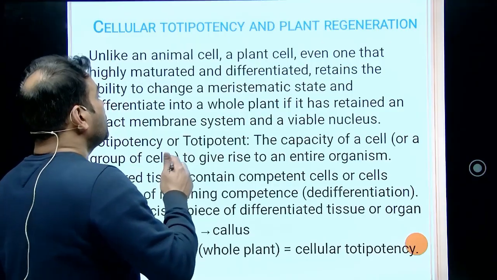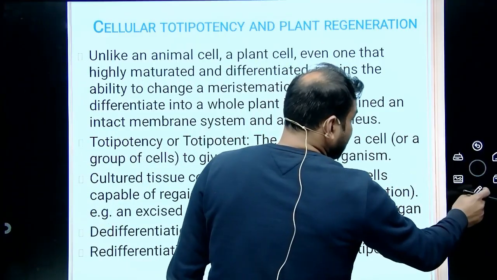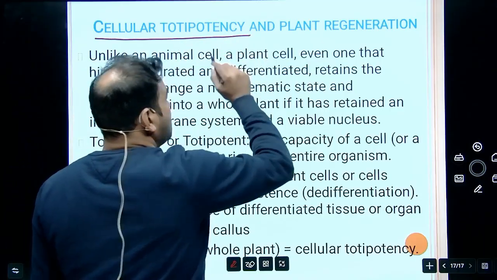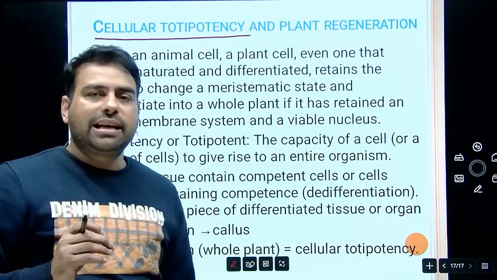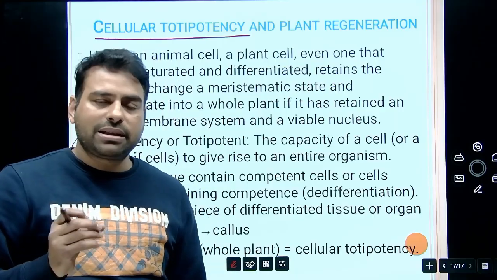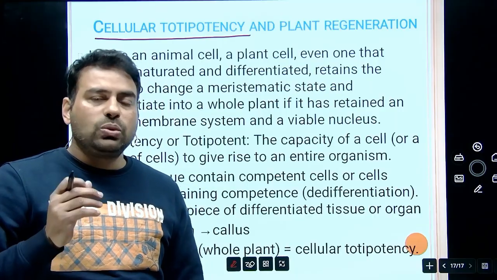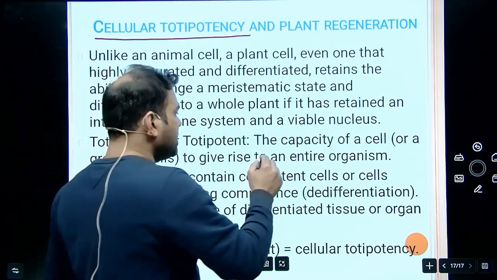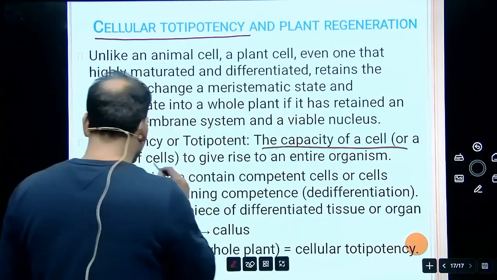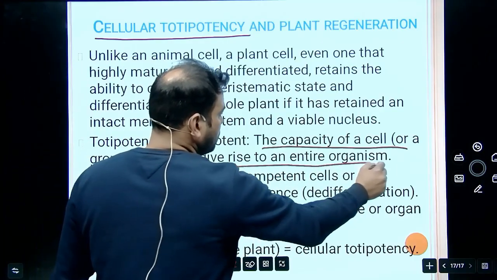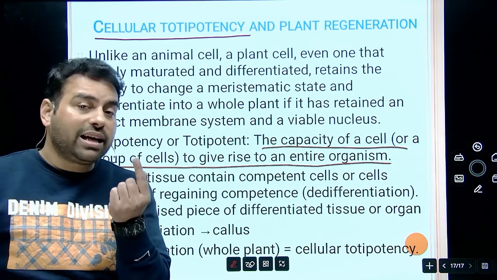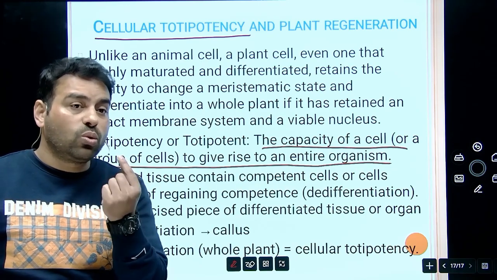Due to one thing that is known as cellular totipotency. Cellular totipotency can be defined as the capacity of a single cell or group of cells to give rise to an entire organism. It means we can use a single cell, and it will give rise to a whole plant.